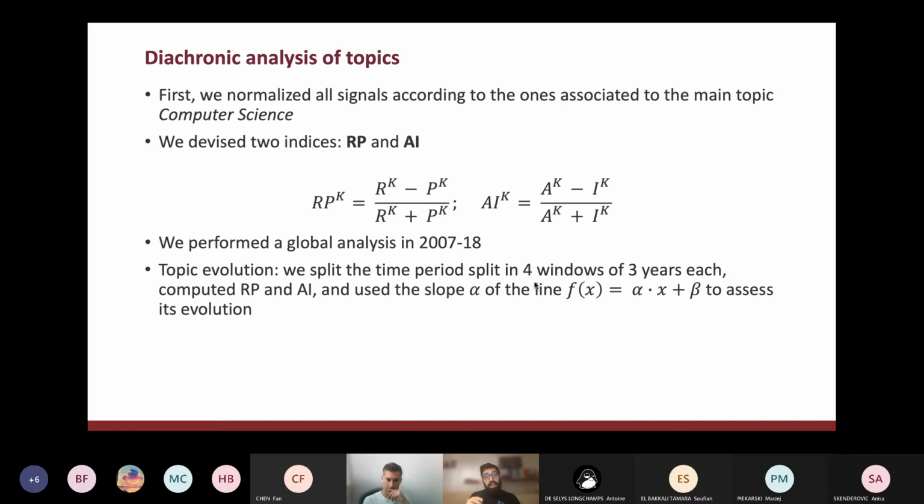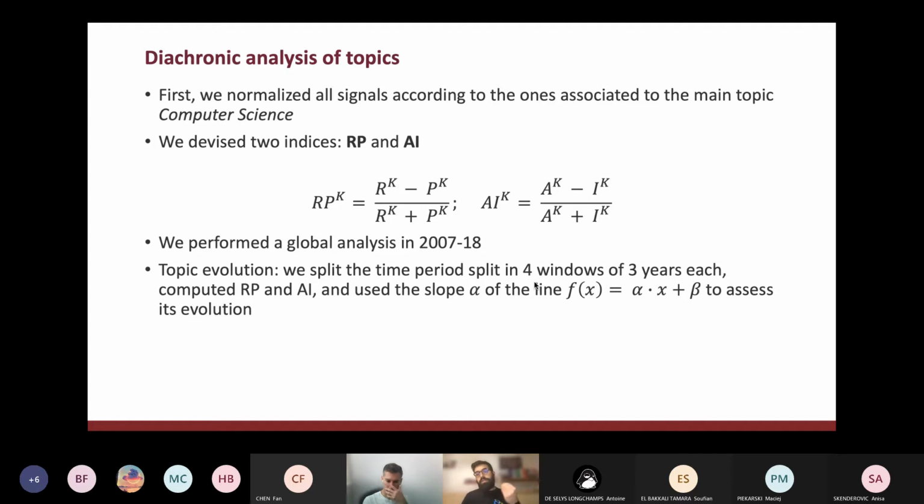AI instead, which does not stand for artificial intelligence but stands for academic industry, works the same as the other one, but it tells us whether a topic is more relevant within academia or industry. If it is positive, this index is telling us that this topic is mostly interesting within academia, so there are a lot of people in universities working on this topic.